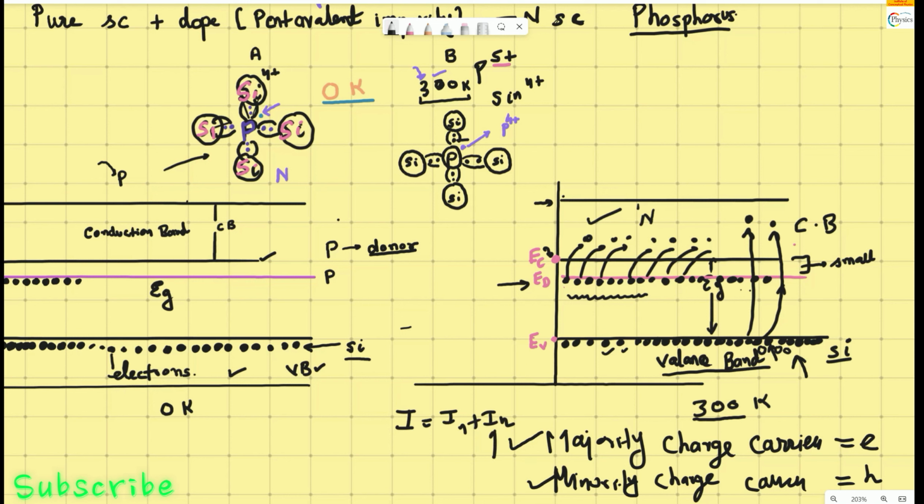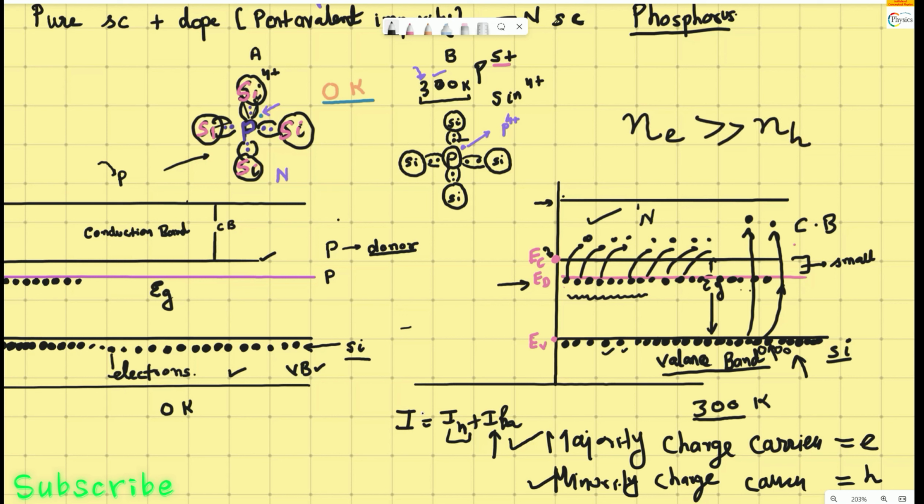But due to holes, it is very, very minor, and therefore it is ignored. But the majority of the current is because of I_N. So this is I_H, hole current, this is I_N. This is how an N-type semiconductor is able to have a lot of electrons. So the number of electrons is very, very large as compared to the number of holes.